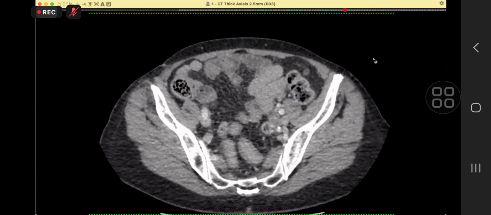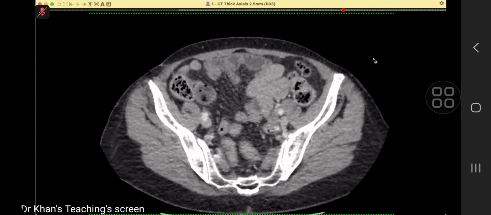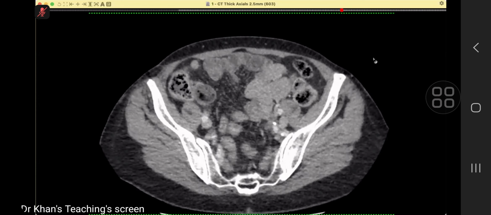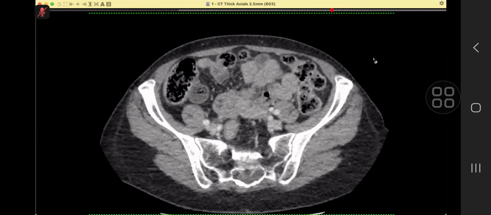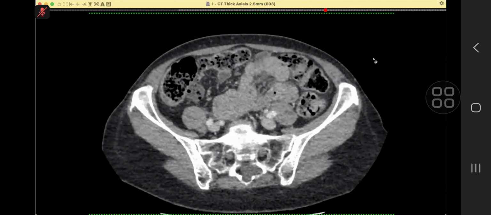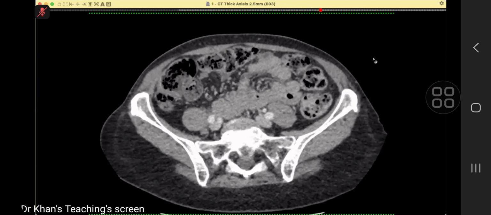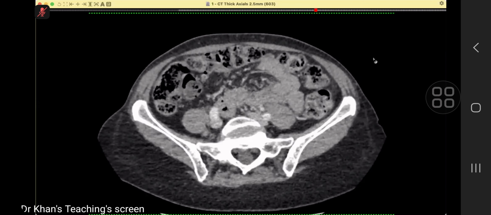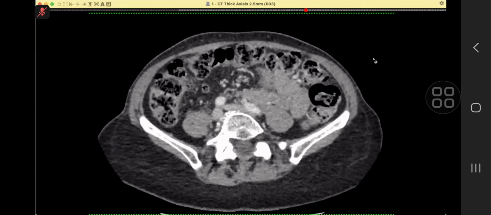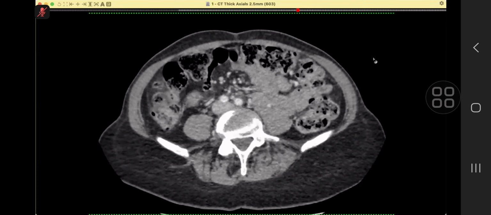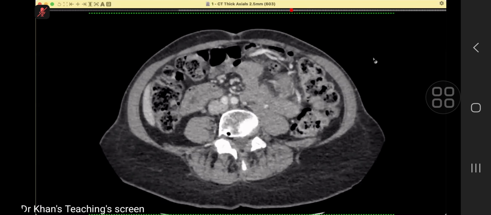So this is CT abdomen, axial section. I will take a moment to scroll. There is some fecal loading seen in the right hemi-abdomen, likely cecum. I'm trying to take a moment to get through it once.